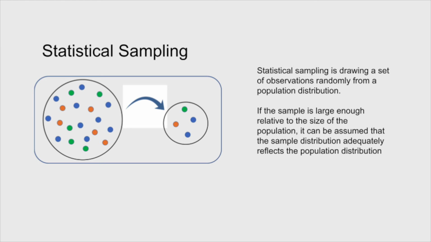Statistical sampling means we pull out a random sample of the total population of items that we're producing or the total project, and we say that that sample will be big enough to represent the entire population or the entire production. So we pull out randomly a certain number.